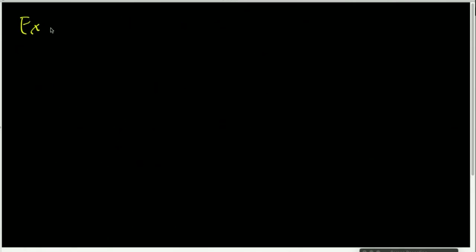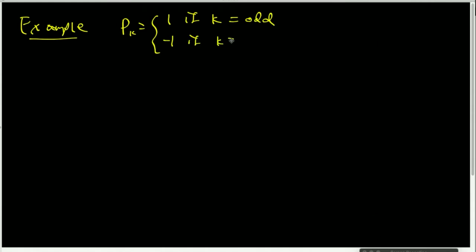And I want to look at a specific example to make this idea very, very clear. Let's let pk be defined as 1 if k is odd, and -1 if k is even. Then my sequence of pk's looks like this.